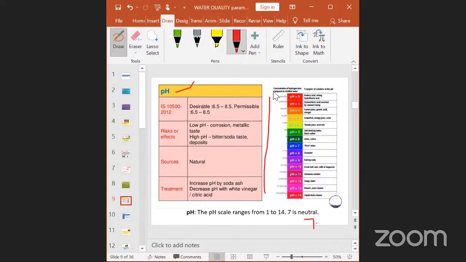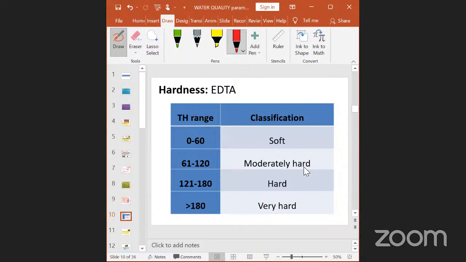from here to here, right? These are acidic, and those greater than 7 are alkaline. A pH of exactly 7 is considered neutral.